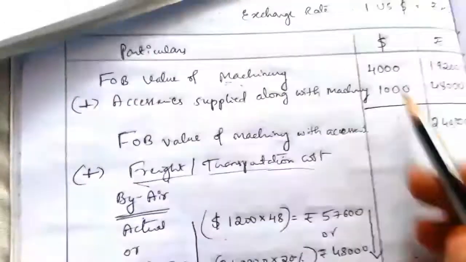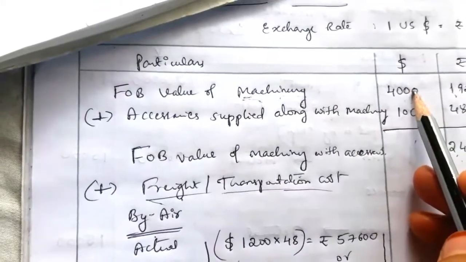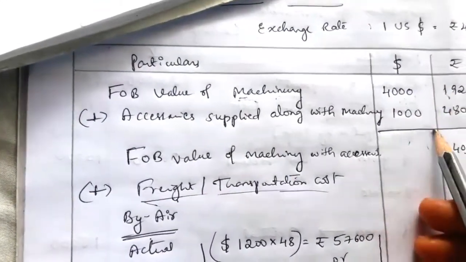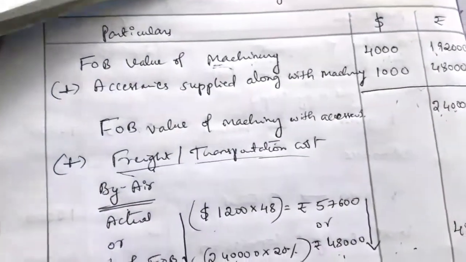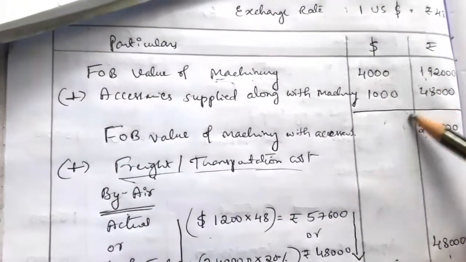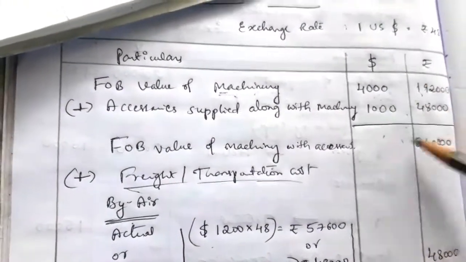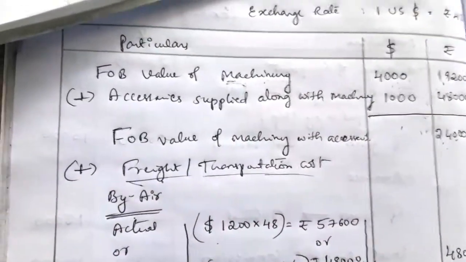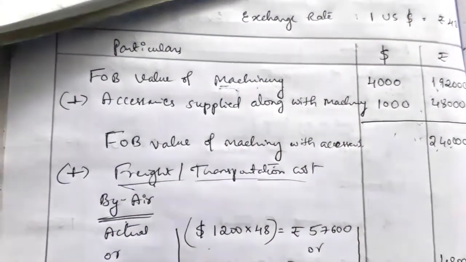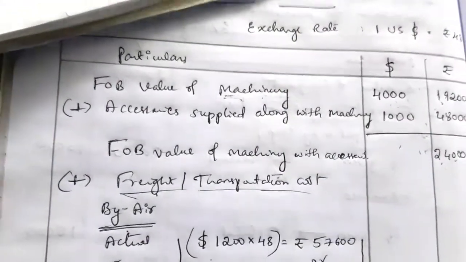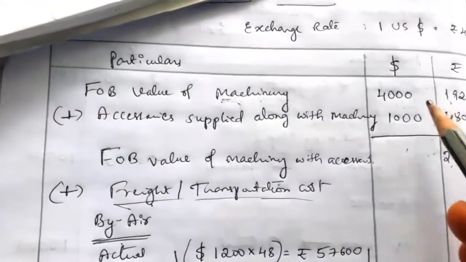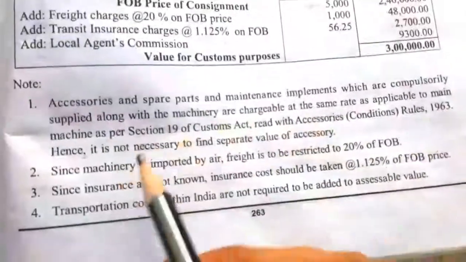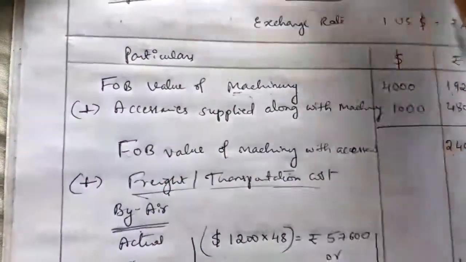Because on this machinery there is no separate tax, and for accessories also they are not calculating a separate tax, the tax will be calculated on the total value including the machinery as well as the accessories required for that machinery. So we take the total together.